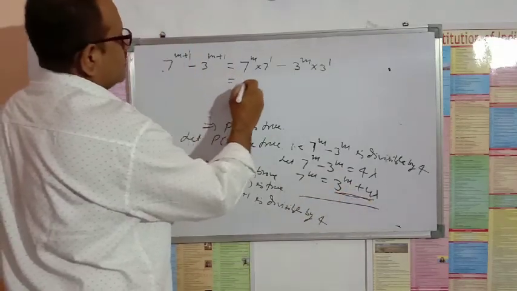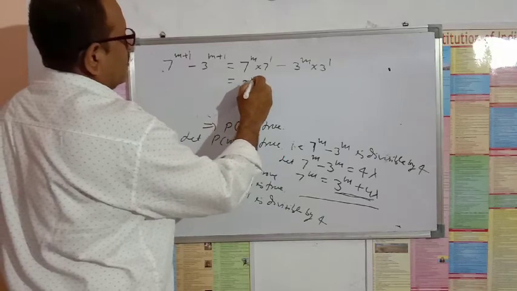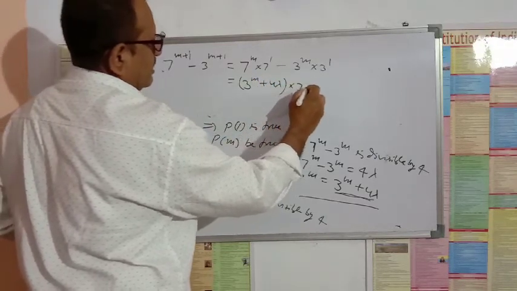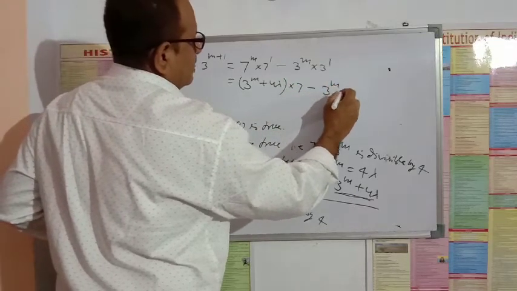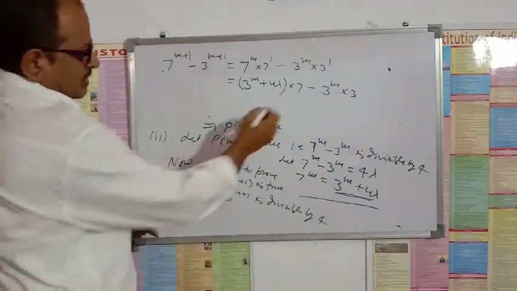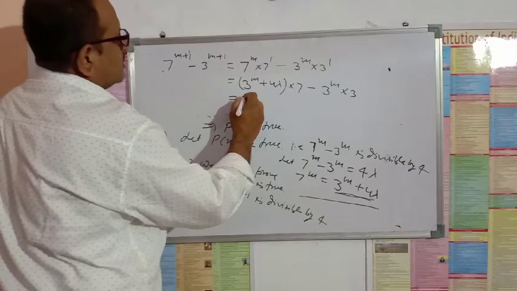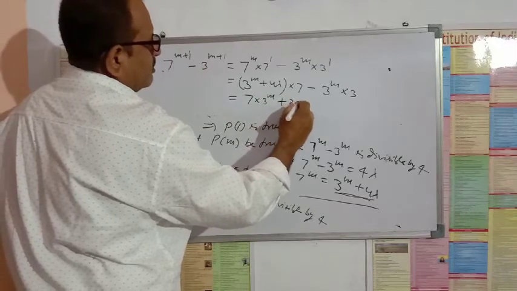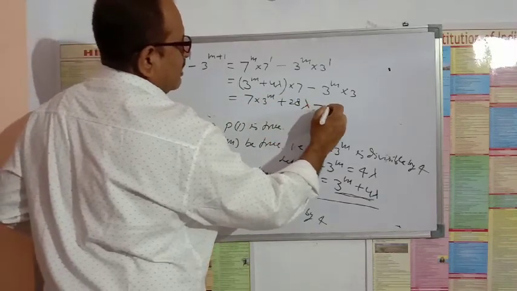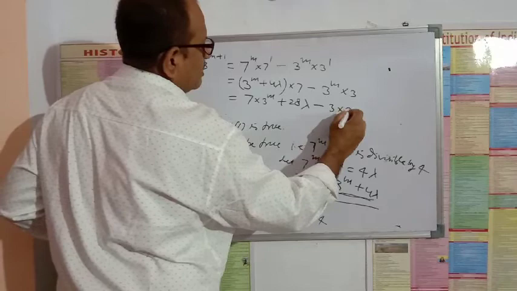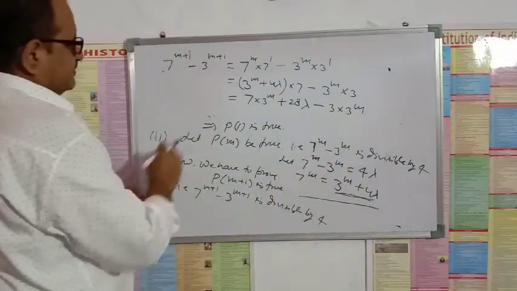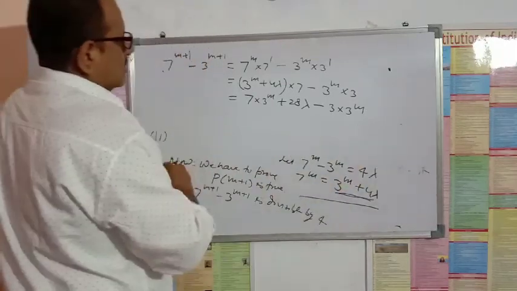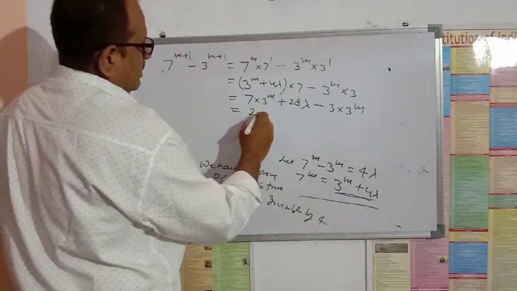Put it here: 3 to the power m plus 4 lambda multiplied by 7, minus 3 to the power m into 3. Open the bracket. So 7 into 3 to the power m, 7 fours are 28 lambda, minus 3 into 3 to the power m.